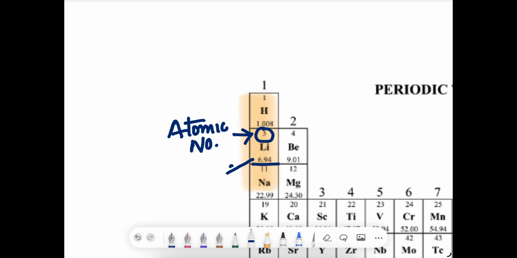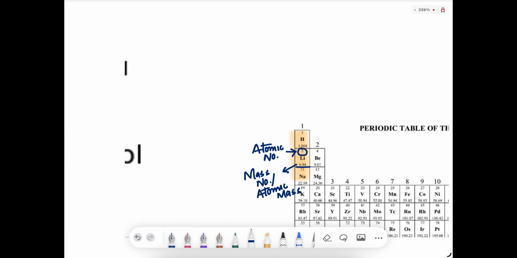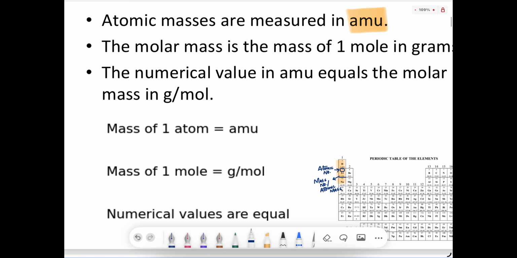On the other hand, the bigger number is called the mass number, or you can call it the atomic mass. Whatever you want to name it, you can say it. And atomic mass is measured in AMU. AMU stands for atomic mass unit.